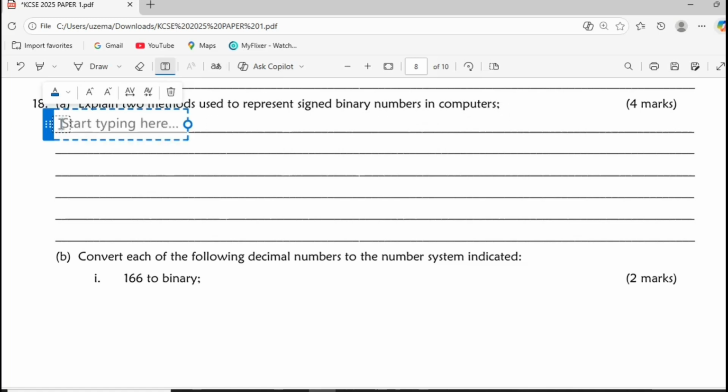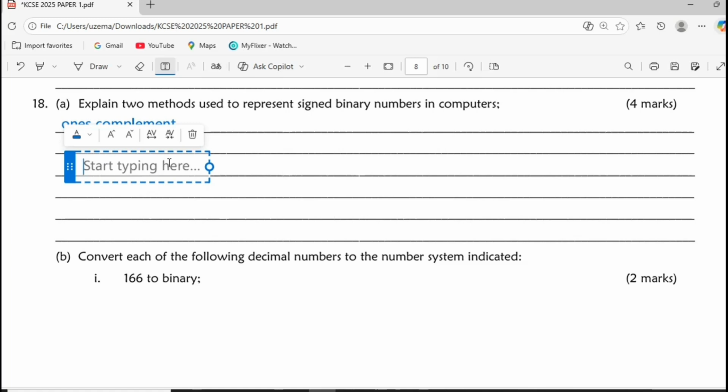Question number 18, explain two methods used to represent signed binary numbers in computers. Two methods that are used to represent signed binary numbers in computers. One, we have 2's complement, and two, we have sign and magnitude.